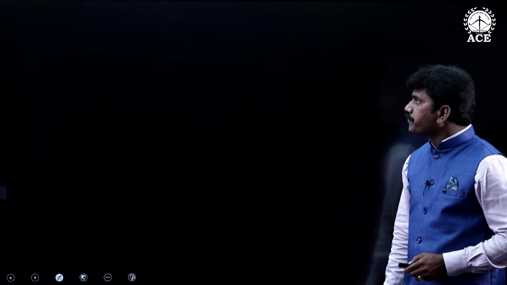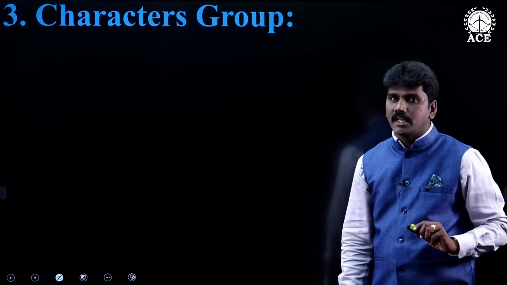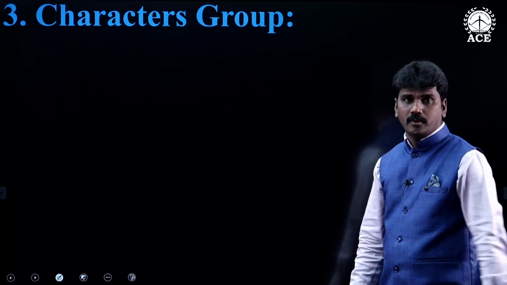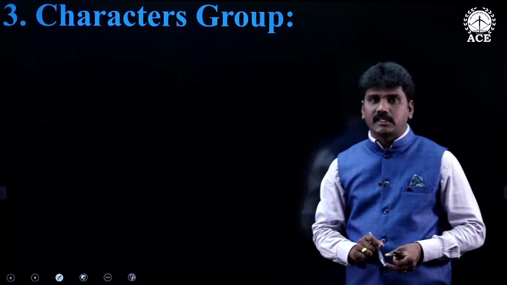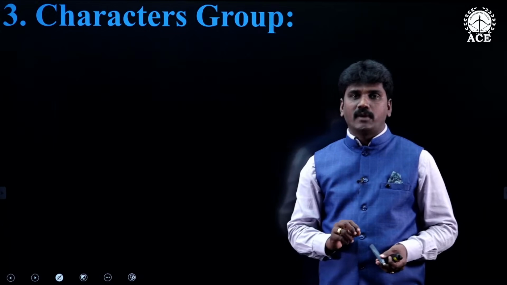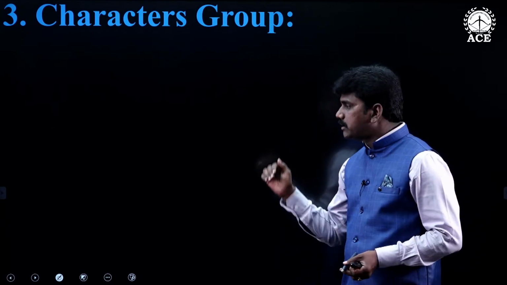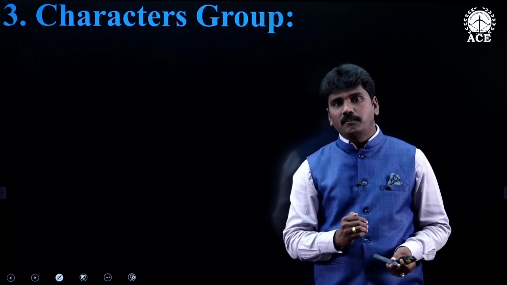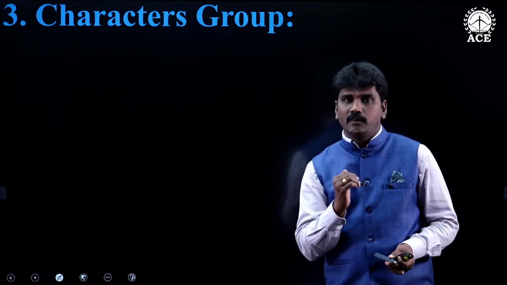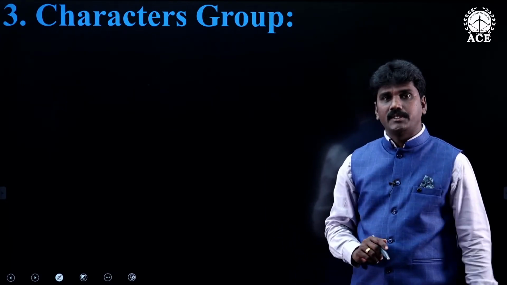Next, the third one, the most important one in Java, is the character group. Before discussing the character group, I would like to explain one standard in C language. Before Java we had different programming languages, and one of the most important and valuable is C language, the most efficient programming language.